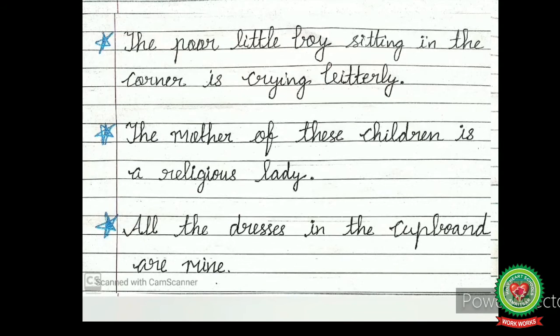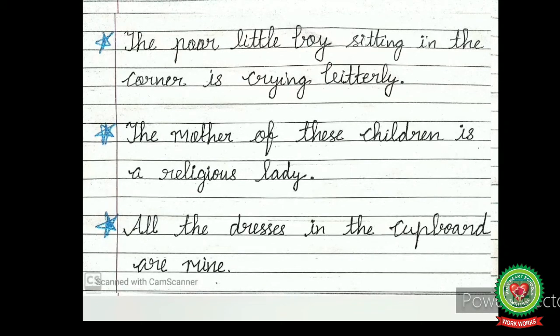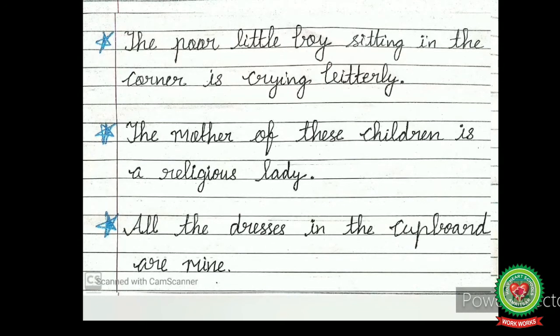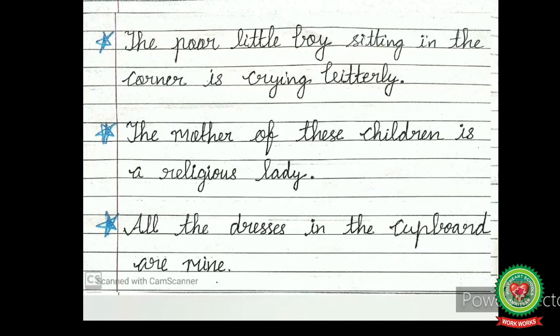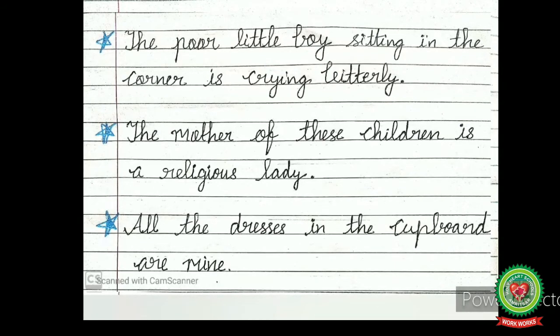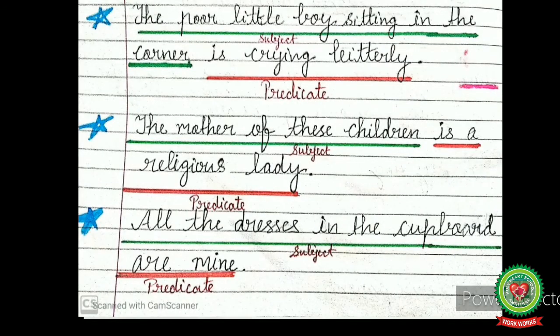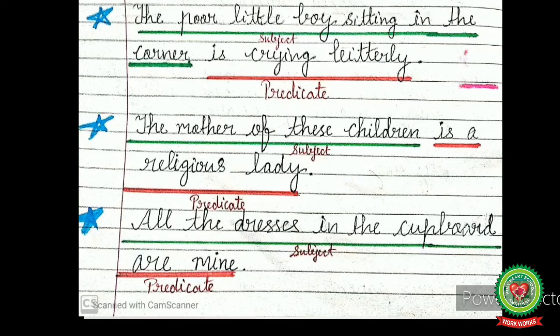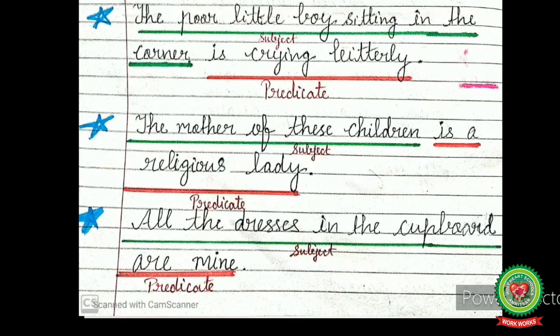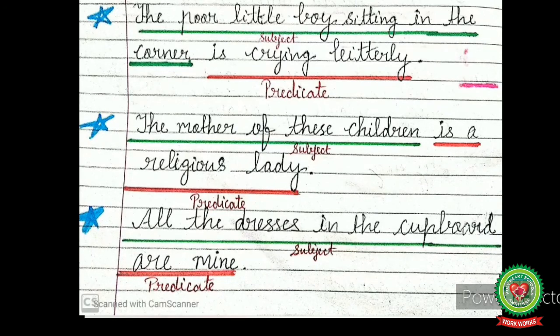Number 3 is, all the dresses in the cupboard are mine. Now we'll identify the subject and predicate in these sentences. Children, these are the sentences where the children get confused. So let's see in the first sentence. The poor little boy sitting in the corner is crying bitterly.